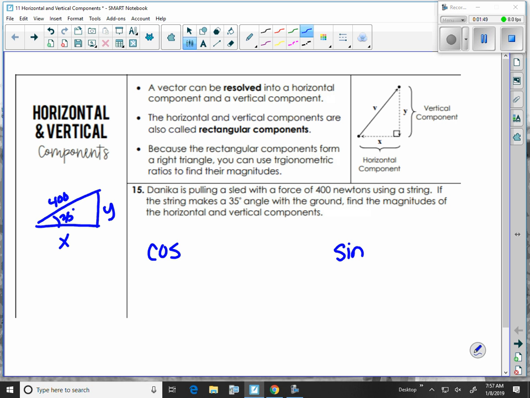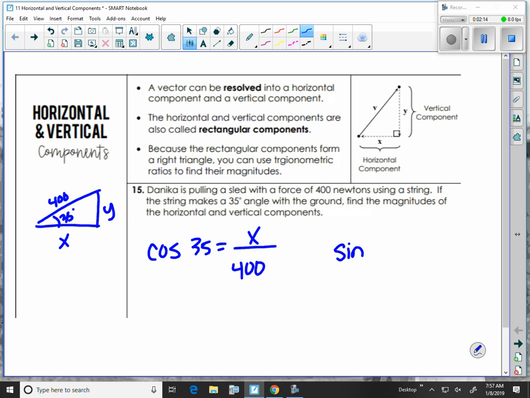So cosine of 35 equals, and cosine is adjacent over hypotenuse. So what is adjacent to our 35 degrees? X. Okay, right here. And then over the hypotenuse, which is 400.